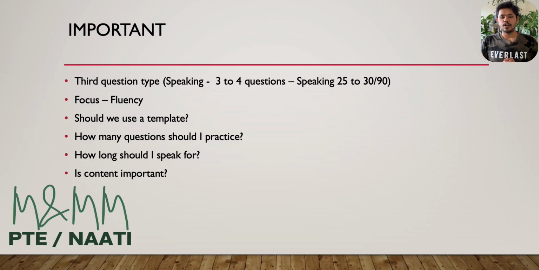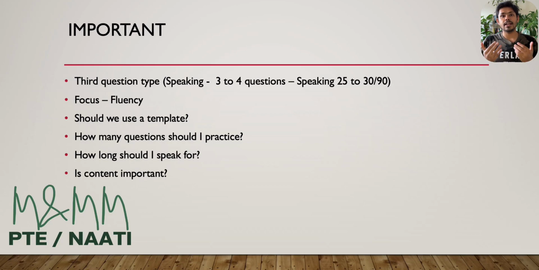Next, the focus when you do a describe image. For example, when we were discussing read aloud, what is our focus? Fluency, pronunciation, and content. But when it comes to describe image, your primary focus has to be your fluency. What is fluency? Does fluency mean if I speak very fast, I'm fluent? Absolutely not. Fluency means to speak confidently without hesitating.